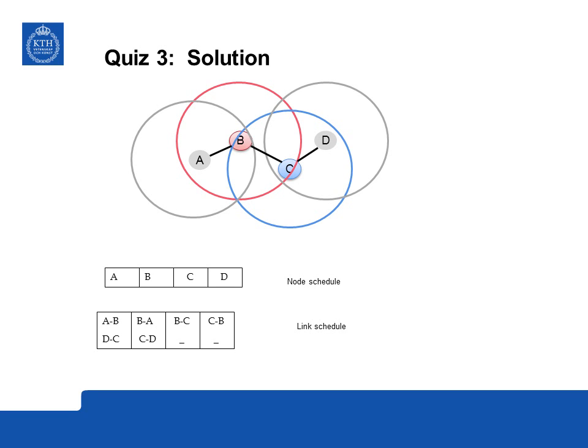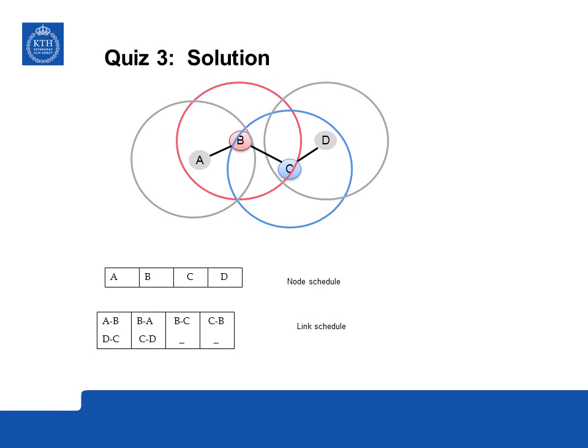The same goes for the reverse transmission, that B can transmit to A at the same time as C can transmit to D. Again, the blue interference circle around C doesn't affect A, and the red interference circle around B doesn't affect D.